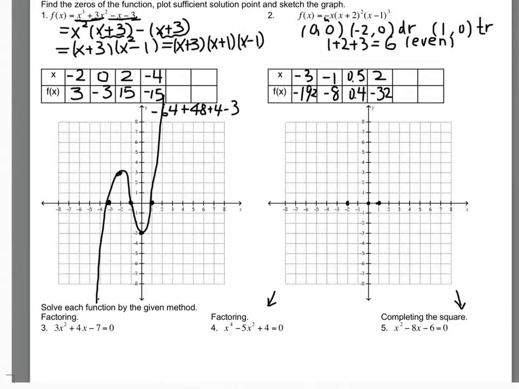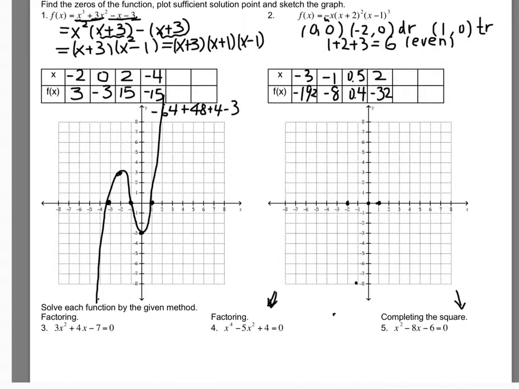So when x equals negative 3, y is negative 192, which agrees with our assumptions here. The left end should be coming from the downside, and then pass through the x-intercept located at negative 2. When x equals negative 1, y is negative 8.